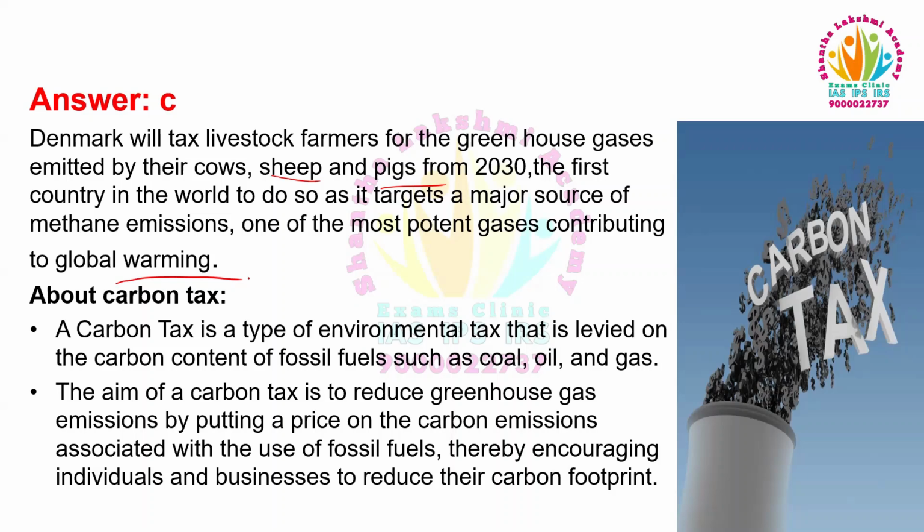About carbon tax: a carbon tax is a type of environmental tax that is levied on the carbon content of fossil fuels such as coal, oil, and gas. The aim of a carbon tax is to reduce greenhouse gas emissions by putting a price on the carbon emissions associated with the use of fossil fuels, thereby encouraging individuals and businesses to reduce their carbon footprint.